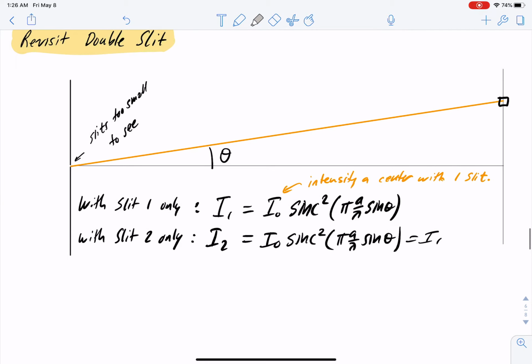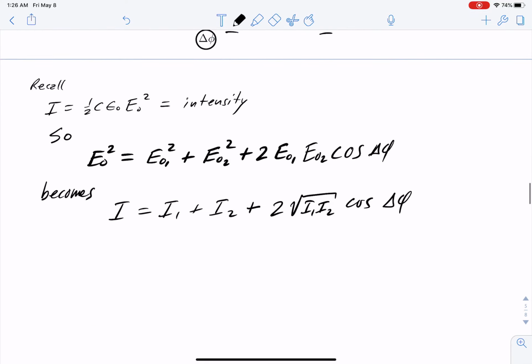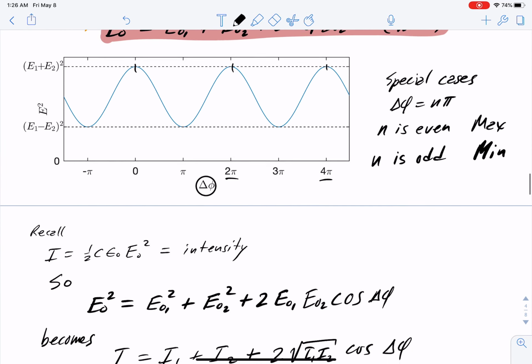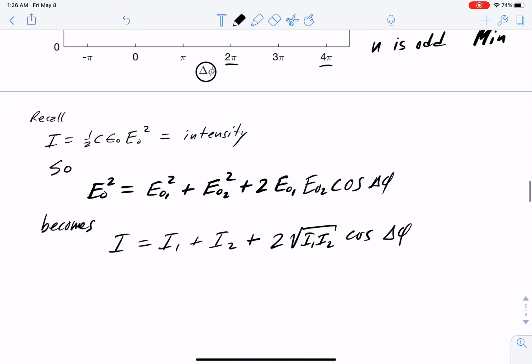So let's remember the formula that we got for the total intensity. Did we talk about intensities yet? No, I skipped something, sorry. Oh no, there it is. I forgot to do the intensity, sorry. We got this special case, we need to recall what intensity is. If you remember, the intensity we computed was 1/2 the speed of light times the permittivity of free space times the square of the electric field.